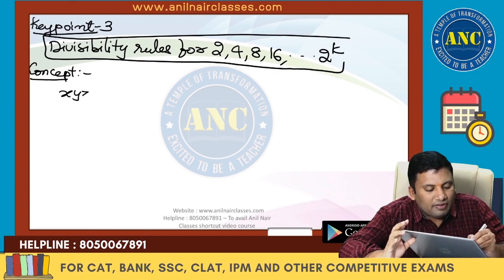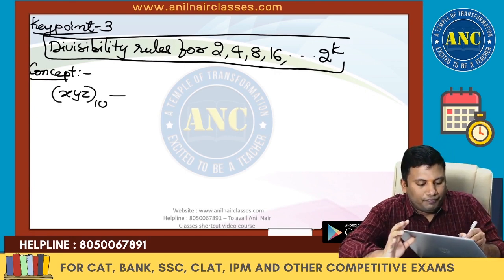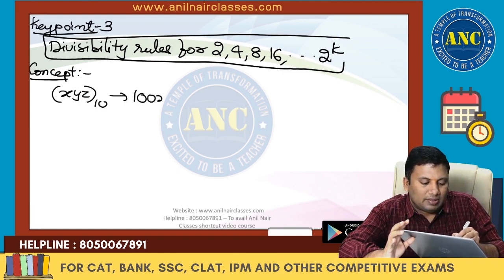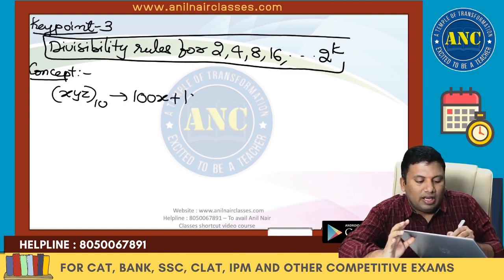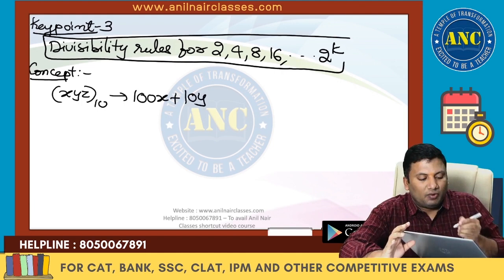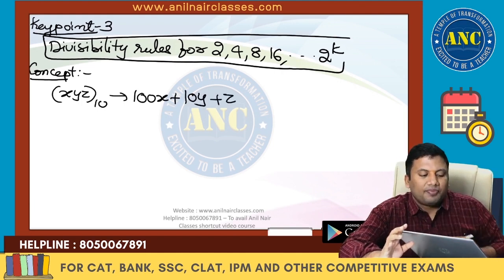Let me take a 3-digit number, xyz, in base system 10. x is in the hundreds place, 100x. y is in the tens place, 10y plus z. Am I right?